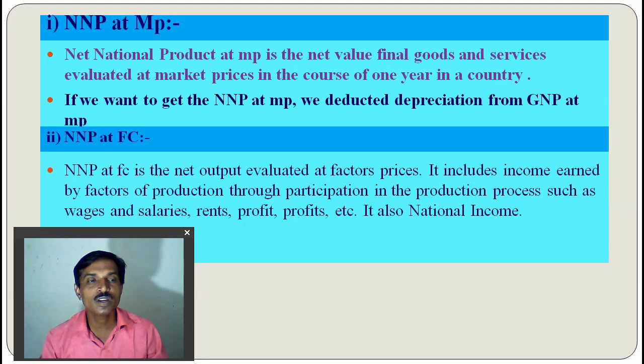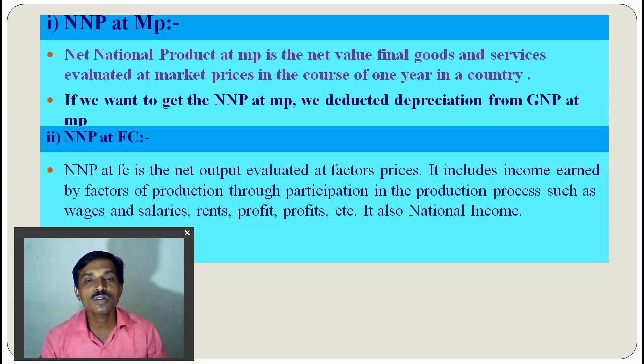It includes the income earned by the factors of production through participation in the production process, such as wages, salary, rent, profit, etc. It is also national income. The NNP at factor cost, national income, means the remuneration of all the factors like land, labor, capital and entrepreneurs, and their respective shares like rent, interest, and salary or wages and profit.